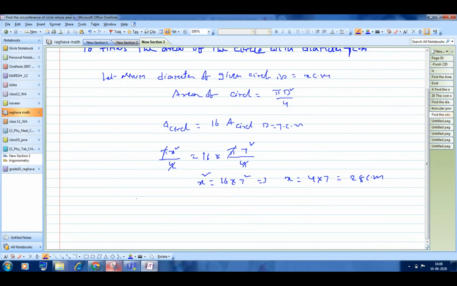From here the circumference of the required circle is pi d, that is 22 by 7 into 28, because this is the diameter of the required circle. 88 centimeter is the circumference of the required circle.